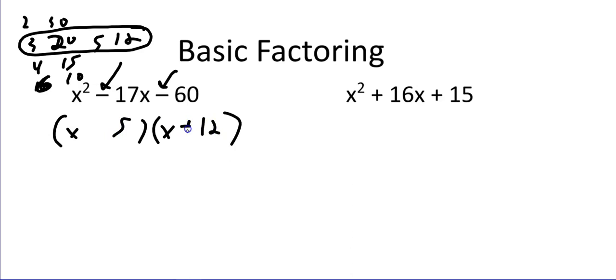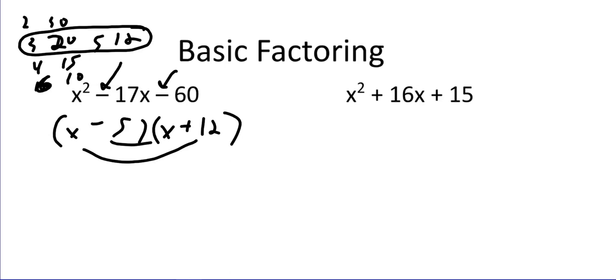And if you put both positives, that would give me positive 17 in the middle, and that's not what we have. Also, not to mention, 5 times 12 is positive 60. We need a negative, all right? And so if we made one of these negative, that would give me negative 60, but then 12 minus 5 is 7. And if we did 5 minus 12, that would be negative 7.